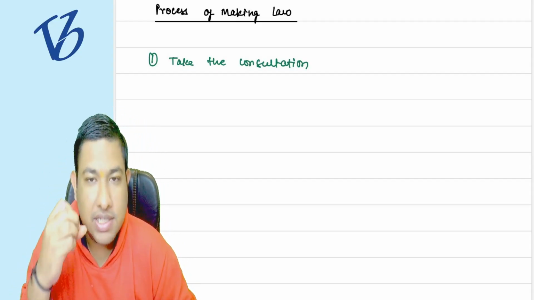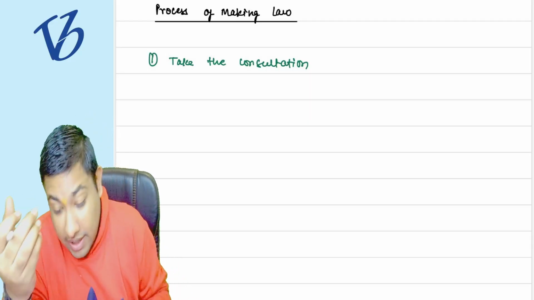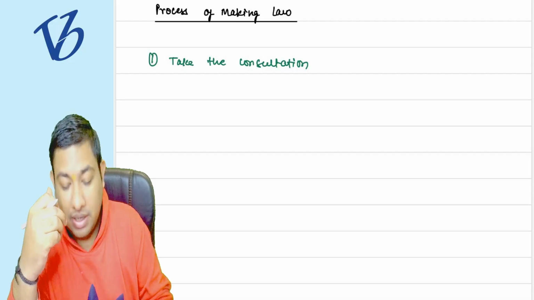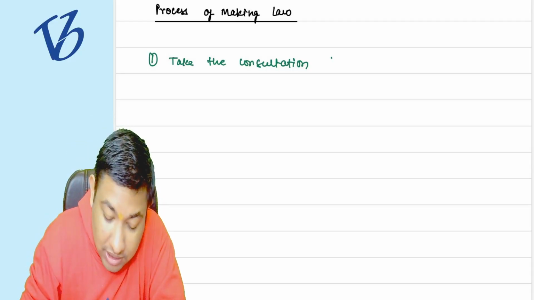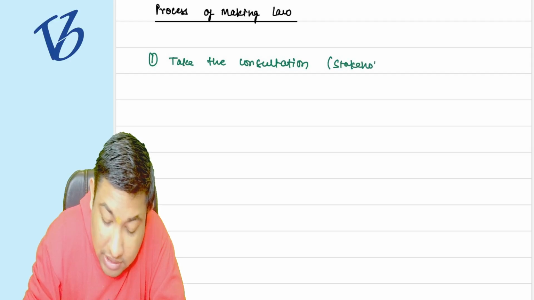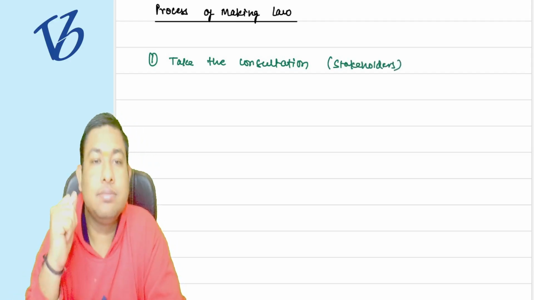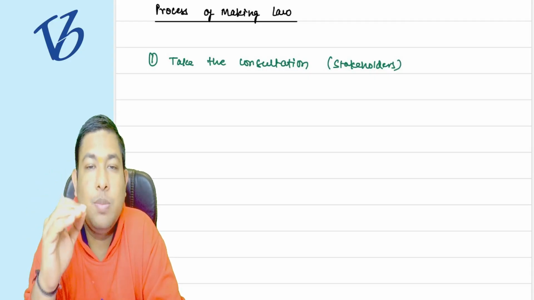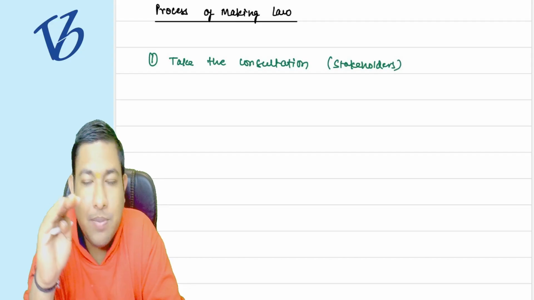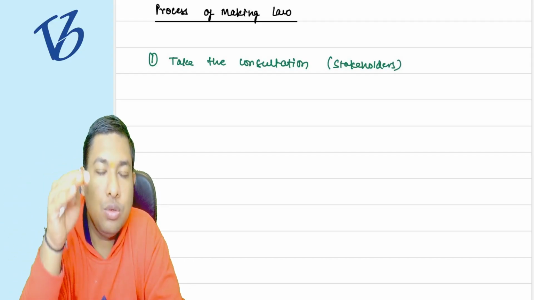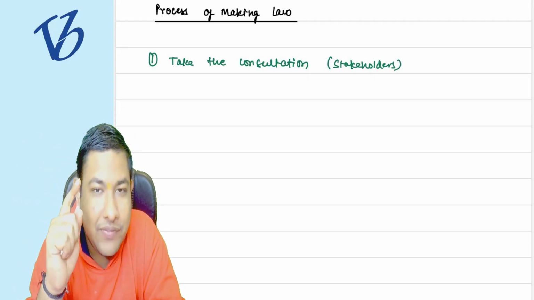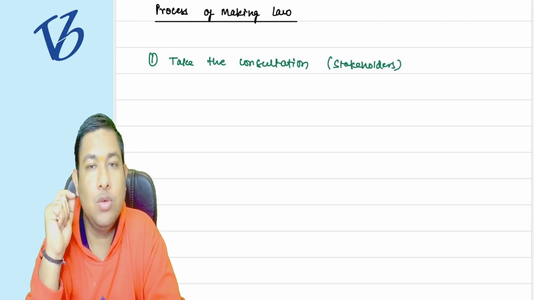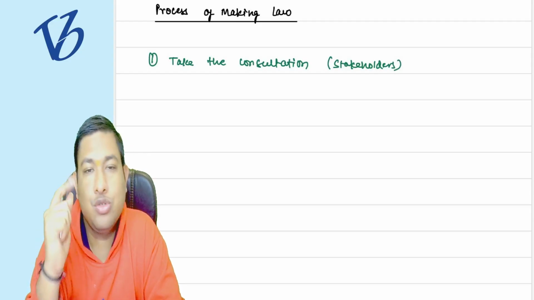If you want to impose some taxation or make another law, the government is first going to consult with the stakeholders about the necessities, how the law should be framed, and what particular problem we are going to cope with through this act. There must be a proper clarification of why we want to make this act and how it is going to solve the problems.